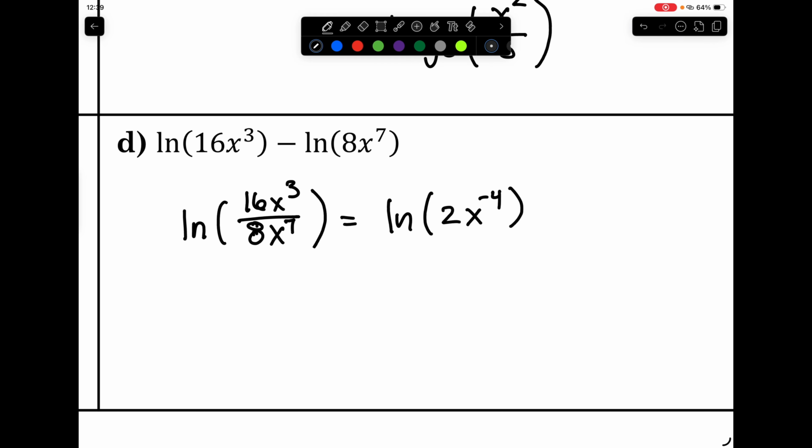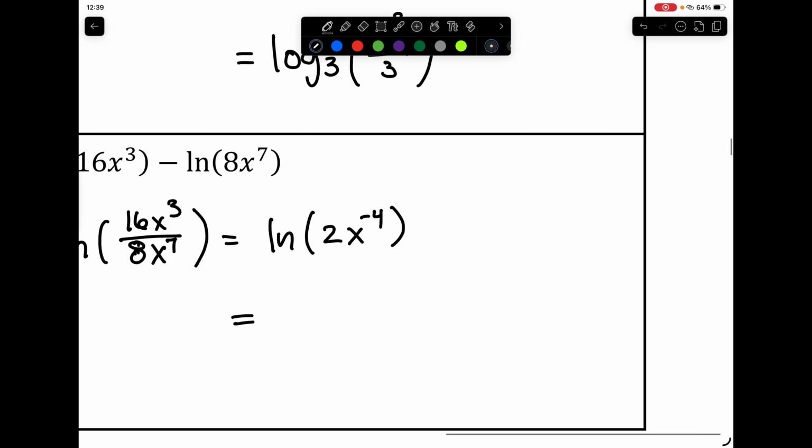And I didn't do this on the first example, but since we have a negative exponent right here, x to the negative fourth power, remember that there is a property that deals with negative exponents. If a variable or any base is raised to a negative exponent, I simply need to get the reciprocal of that, and that changes the exponent to a positive value.